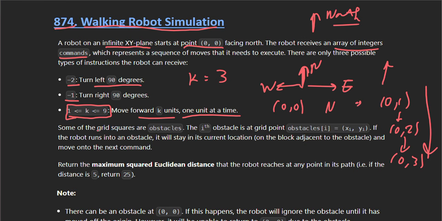Also, we have an array named obstacles. It stores the coordinates of some obstacles present inside our plane, right?